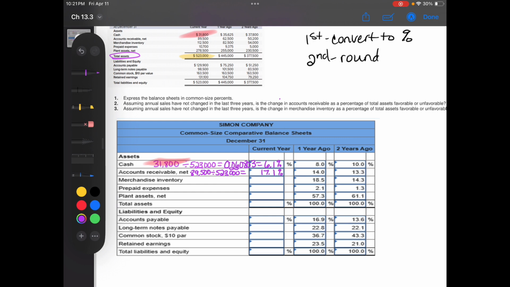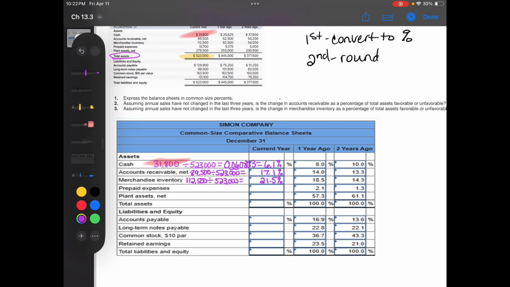Merchandise inventory is $112,500. We divide that by $523,000, and that's going to give us an answer of 21.5%. So remember, we first convert it to a percentage, then we round.